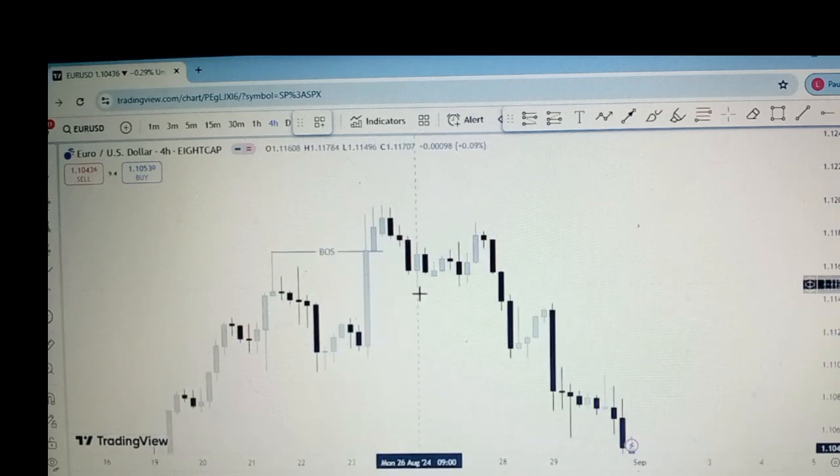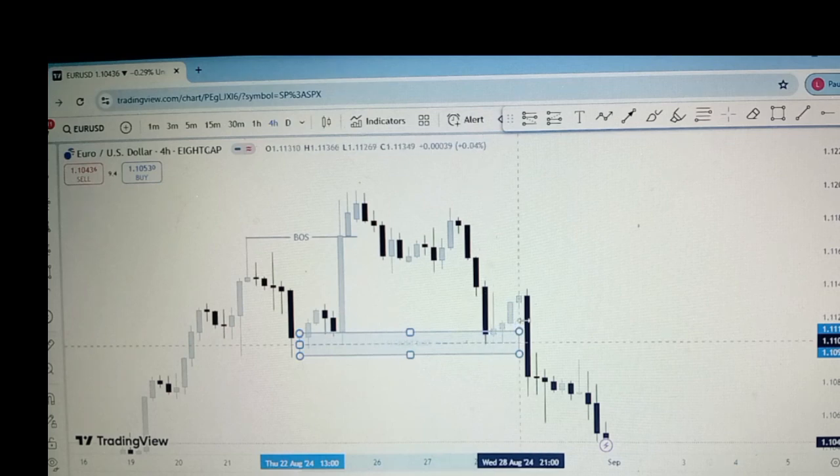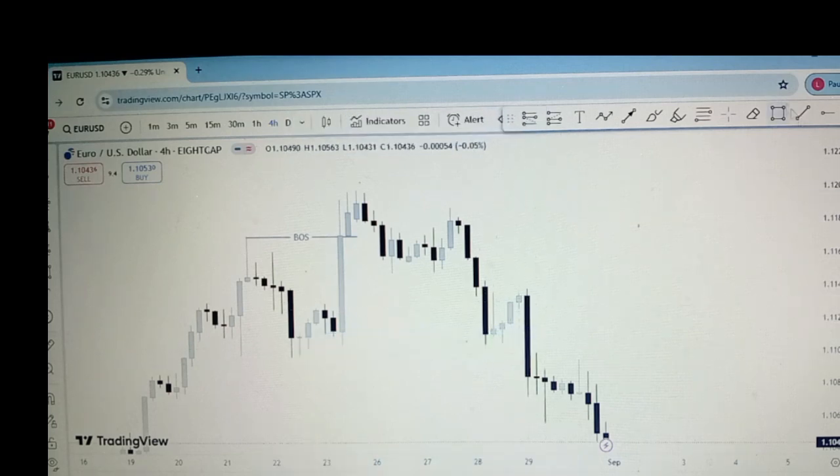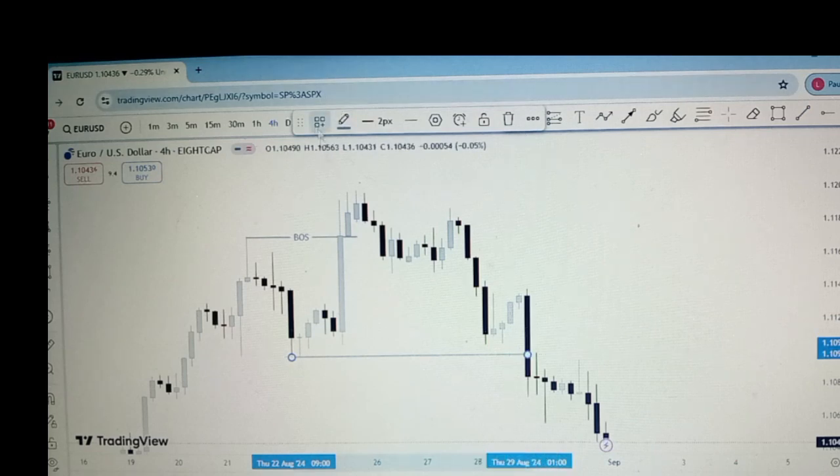So guys, we have our break of structure, and I was looking to buy from these levels, which indeed price disrespected our low down here, causing a change of character, guys.